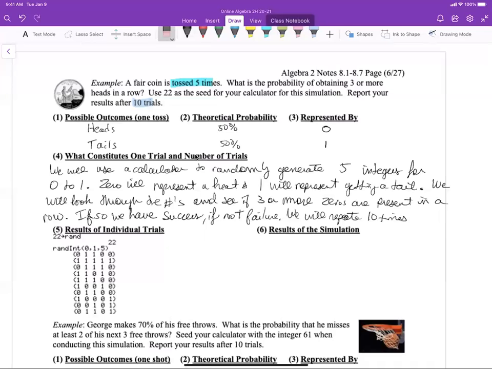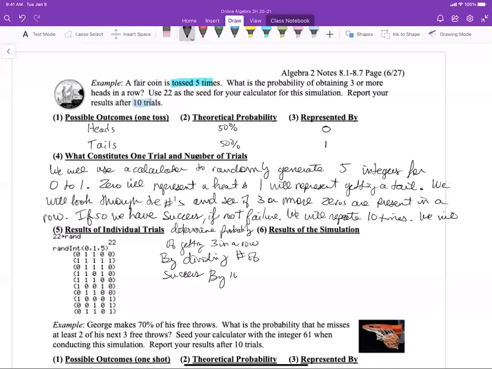Report your results. We repeat 10 times. We will determine probability of getting 3 in a row by dividing number of success by 10. So let's run it.